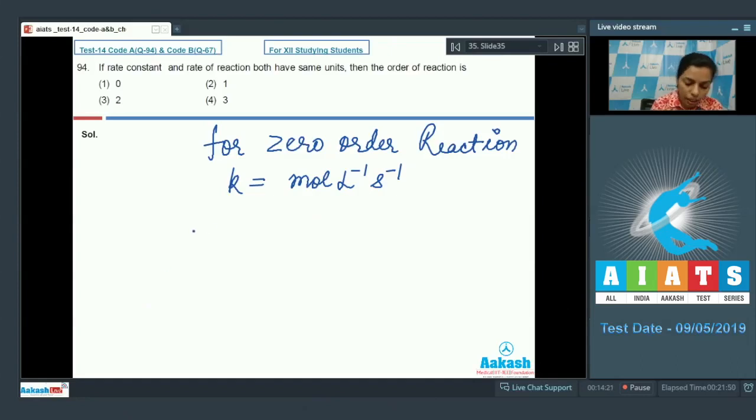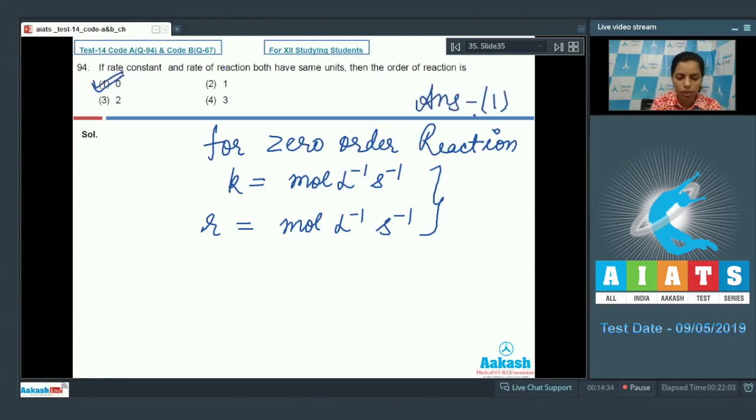This is the unit, and similarly the unit for rate is also mole per liter per second. Both the units are same, and on that basis we can opt option 1 as the correct option.